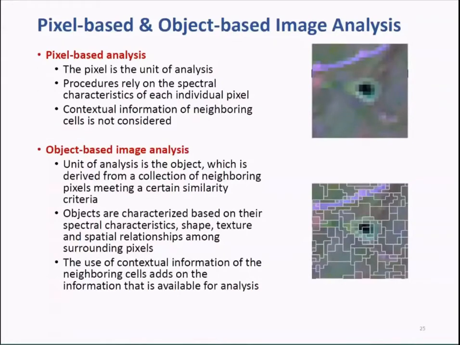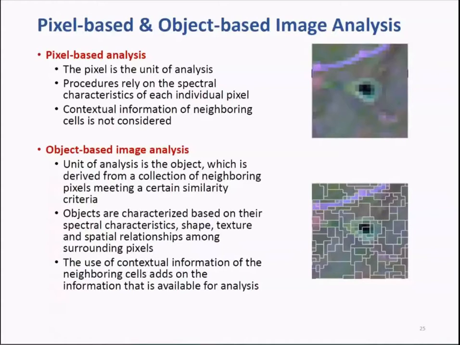Here, we try to define objects first and then carry out analysis at that object level. So the unit of analysis is an object which is derived from a collection of neighboring pixels, a collection of neighboring cells. Because you are using the neighboring cells, you have the advantage of having contextual information.